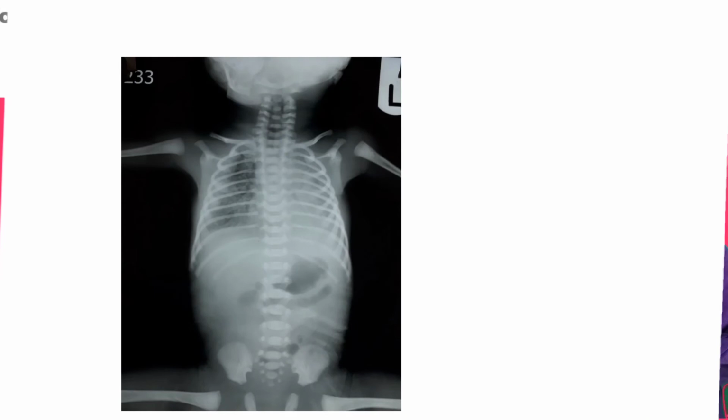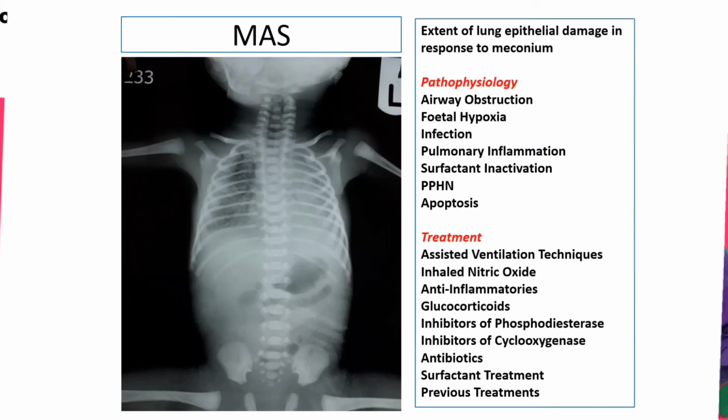Next X-ray, what can you see in this X-ray? This is the X-ray of a newborn, showing some radiopaque lesions, and this is due to meconium aspiration syndrome. Due to the meconium aspiration, some opacities are seen over the bilateral lung fields. This is the epithelial damage in response to meconium aspiration.